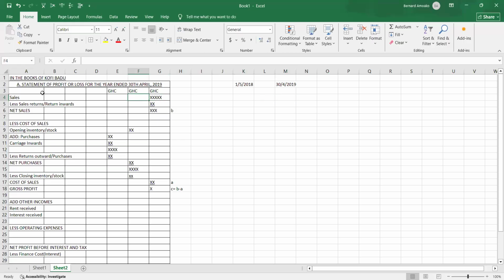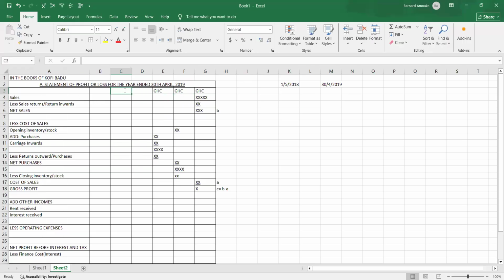So normally I advise students that, you see here, you also make room for what we call notes to the account. So if you go and do your workings for maybe purchases and you want to bring it here, you call it workings number 2. You come and write here 2. So everybody, anyone marking your script, knows that you did some workings. So normally for workings, we create space.